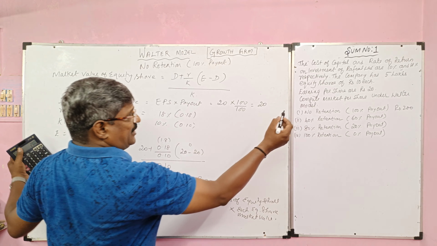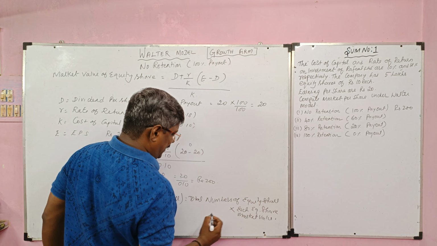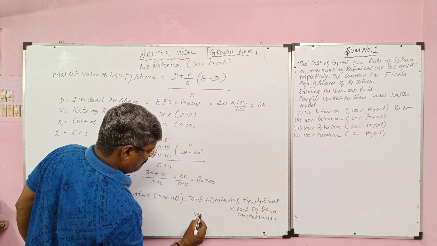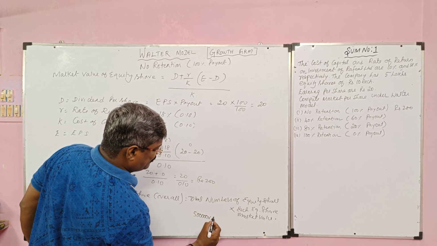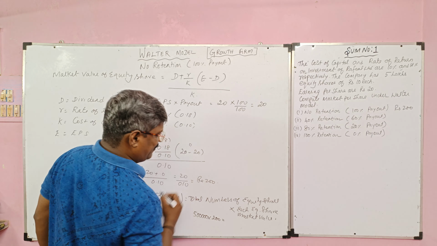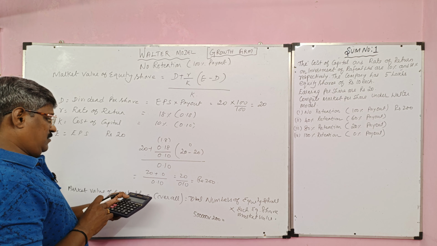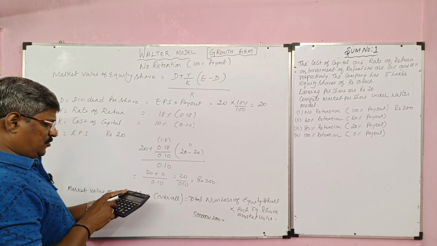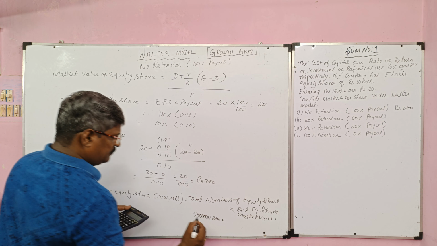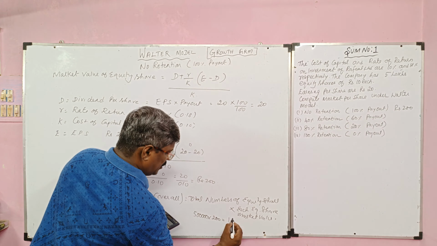Total number of equity shares given in the question, value 5 lakh. Each equity share market value 200. So the market value of overall equity share, 5 lakh into 200. So the value is 100000000.